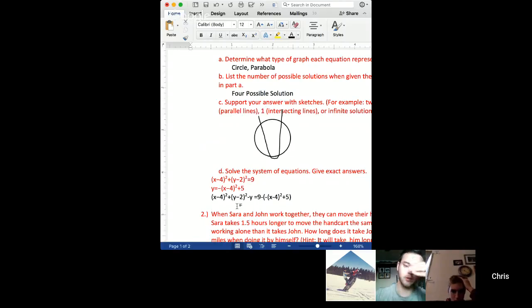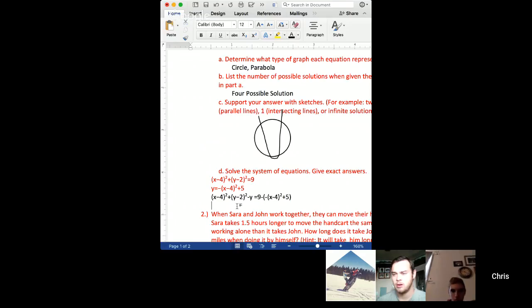I got 2 and 1 instead of 1 and 2. The parabola. But why does that come out so weird?